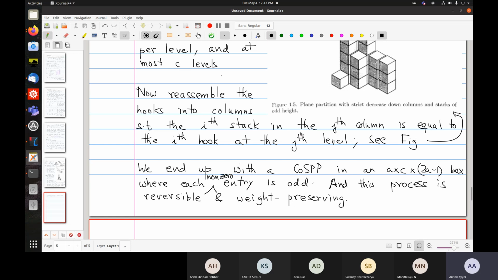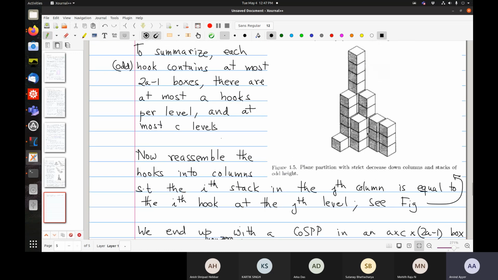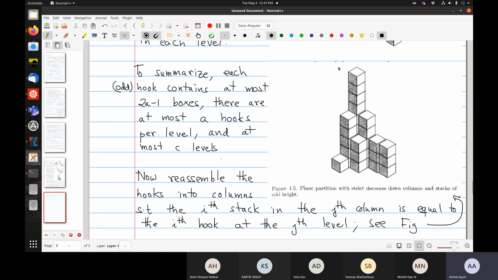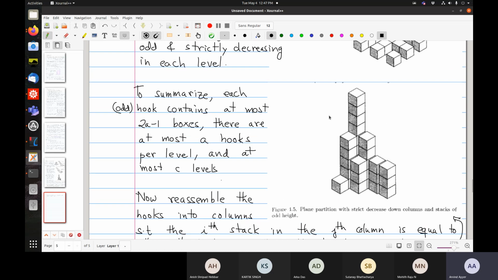And how do you go there? Look at the set of non-zero entries. If I write this as a co-SPP, what did I say? I have 9, 5, 1 over here, 5, 3 over here, 3 and 3, right? This is what this is. So this has shape 4 to 1.